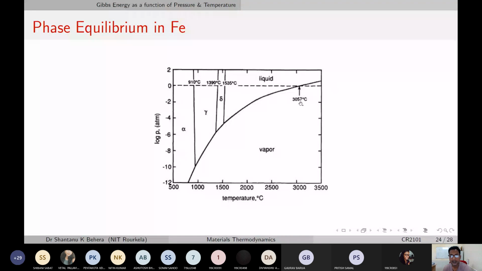And this is 3057 degrees Celsius, supposed to be the boiling point at 1 atmosphere. Why is it marked here? Because this is the typical boiling point, and we say equilibrium boiling point, and that should coincide with some temperature at 1 atmosphere pressure.